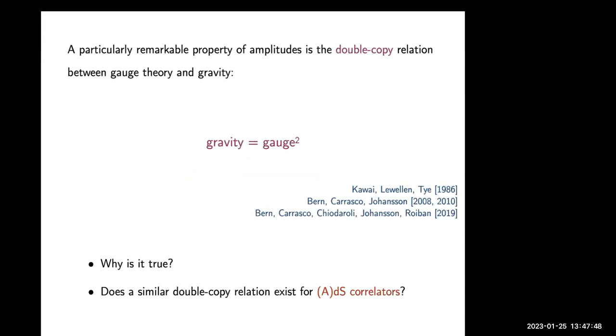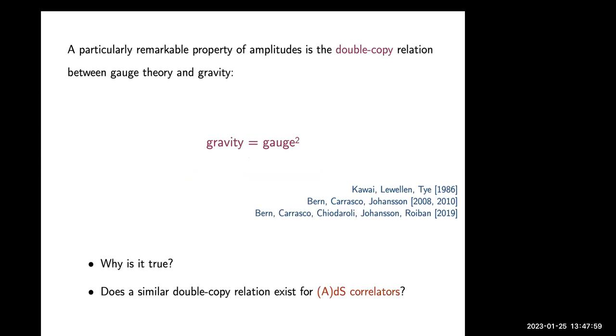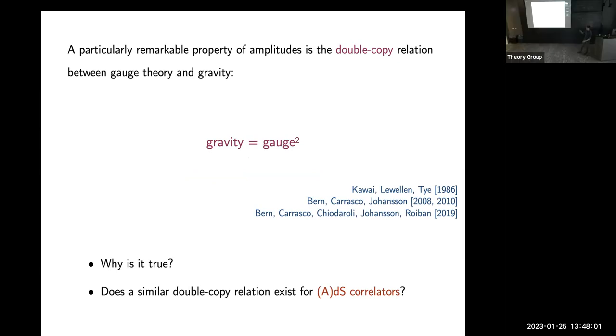Yeah, I think somewhat related to your question is whether a similar double copy relation exists for these kinds of celestial amplitudes that live on the null surface of the flat space. Yeah, I think that kind of question is also being explored by the people working on celestial amplitudes. And I think they have some sort of a double copy relation there as well. Yeah. I'm not sure how exactly it's related to the BMS group you're talking about, but they do have some formulation of the double copy for the celestial amplitude. Okay, thank you.